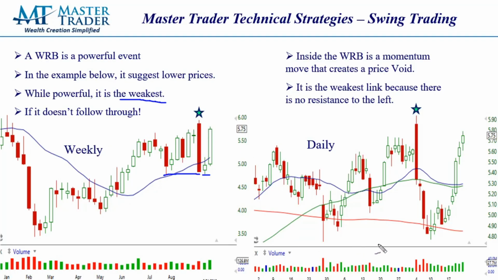So looking at the daily time frame, you can see the momentum move here, and then this stabilization down in this area. So the expectation is not for it to go back up again. The point of this slide is to understand that it is the weakest link and that there is a possibility that it could retrace.